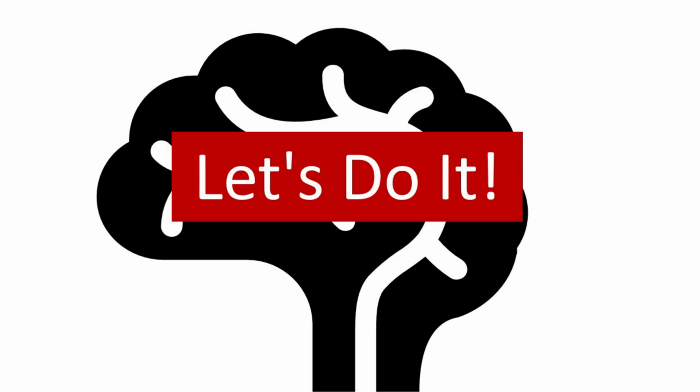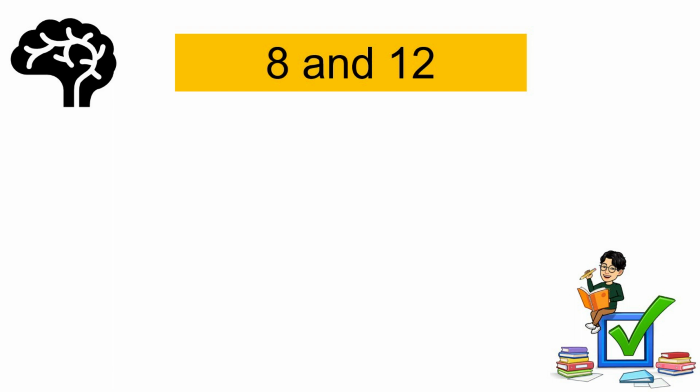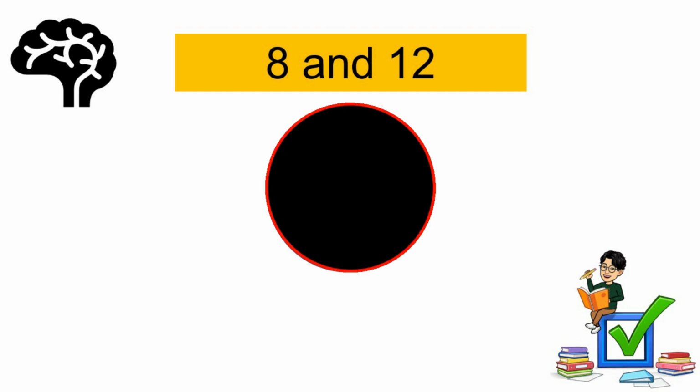Now, let's have simple exercises about least common multiples. Find the least common multiple or LCM of the following numbers using continuous division. Remember, you can pause the video while solving the problem. What is the least common multiple of 8 and 12?